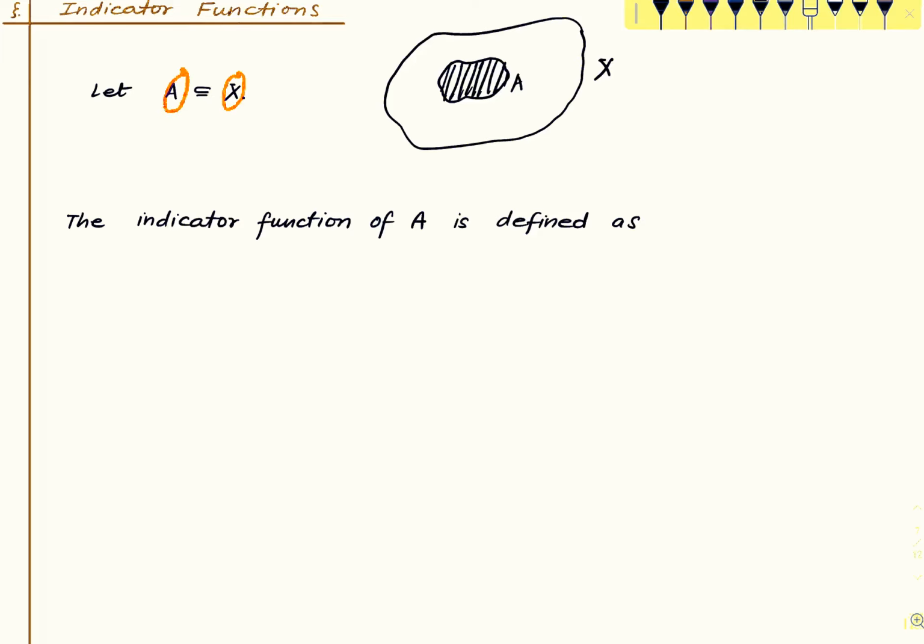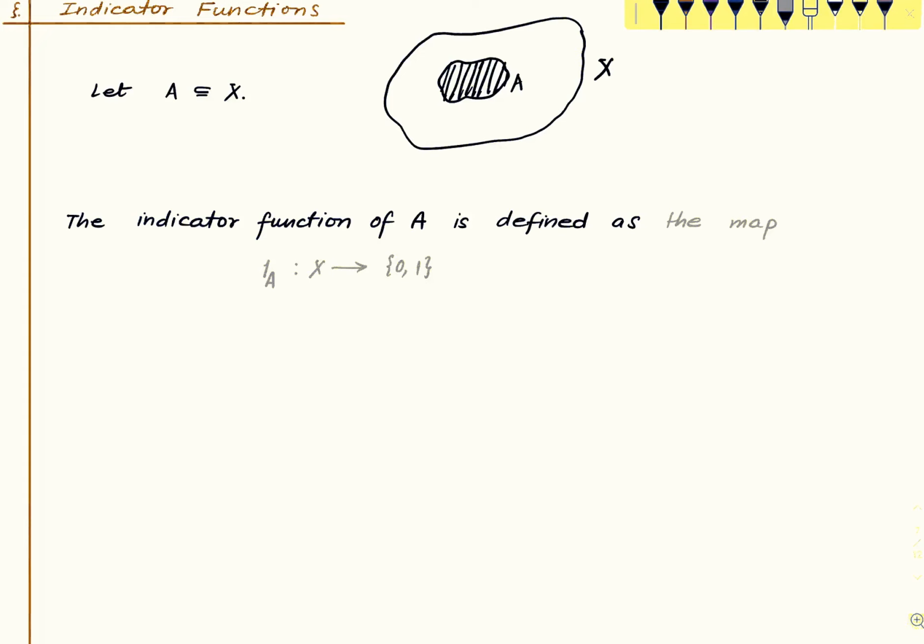So suppose X is a set and A is a subset of it, shaded here. So this is X and that is A. Then the indicator function of A is defined as the map. The notation is 1 sub A, and it is a map from X to {0, 1} or R, whichever. I mean, you can write whatever you like there.